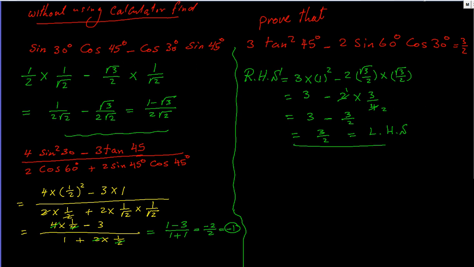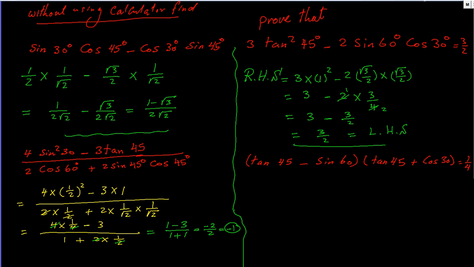Another exercise. Prove that tan 45 minus sine 60 multiplied by tan 45 plus cosine 30 equals a quarter.